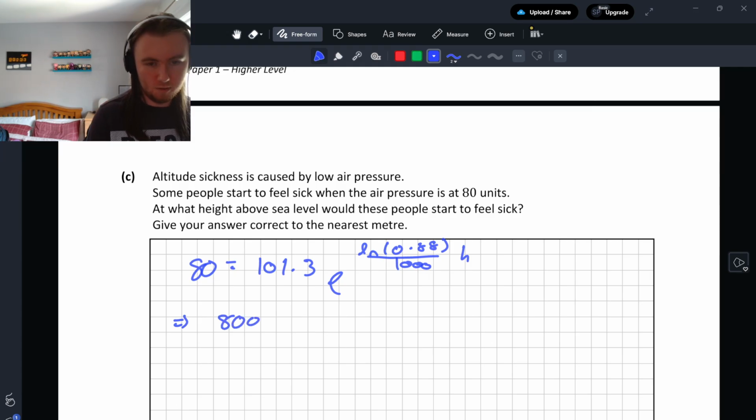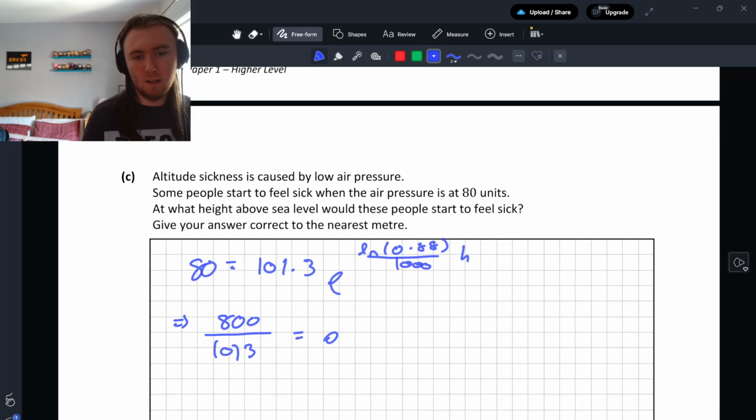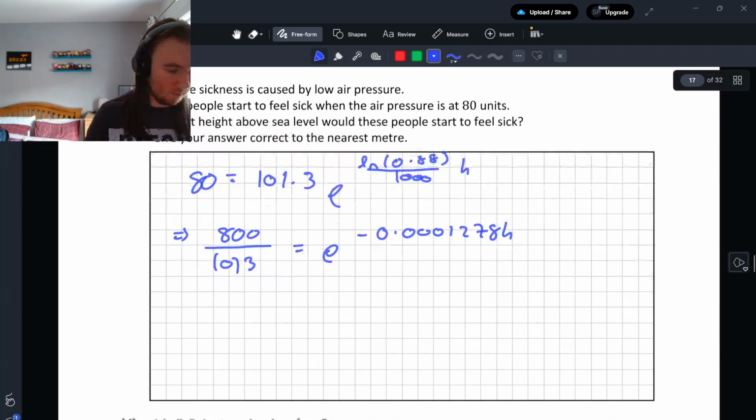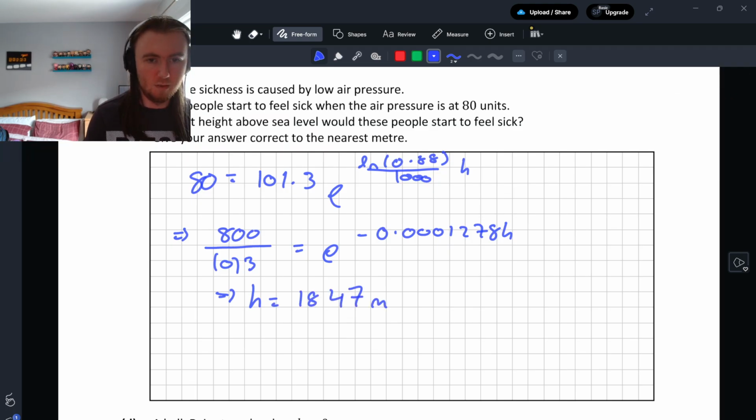So we get 800 over 1,013 equals e to the natural log of 0.88 over 1,000 times minus 0.0001278h. Okay, so natural log of 800 over 1,013, and divide that by minus 0.0001278. So to the nearest meter, h is 1847 meters.